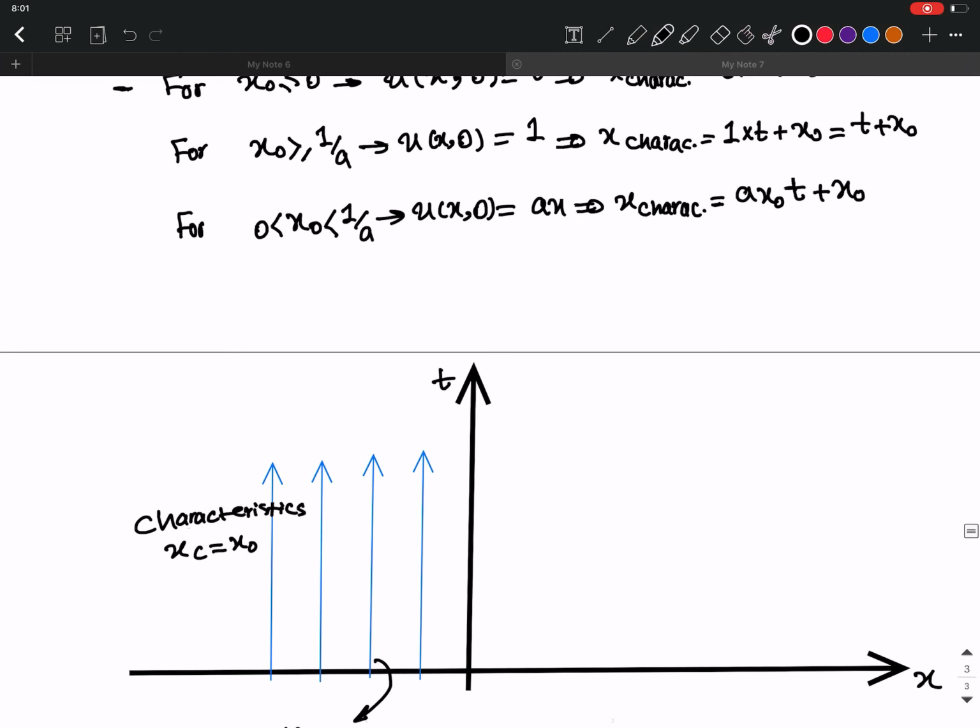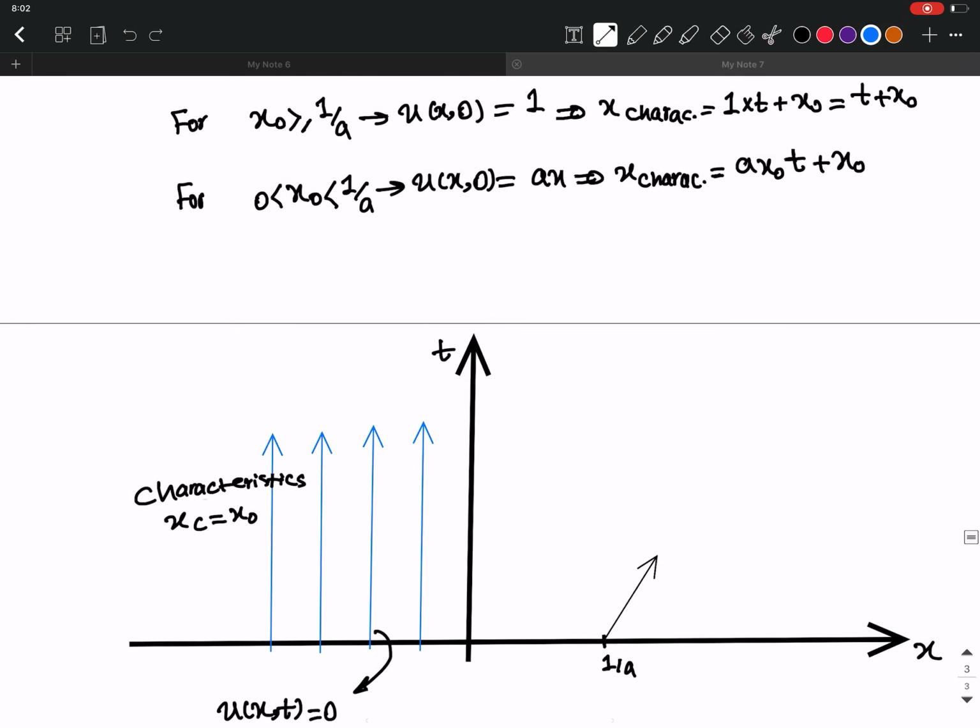And now I want to go to the second limit, where say here we have 1 over a. I want to look at the solutions in this region when x0 is greater than 1 over a. Then the characteristic is going to be t plus x0, so it's just going to be a line with slope 1.